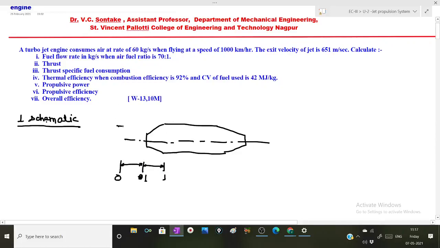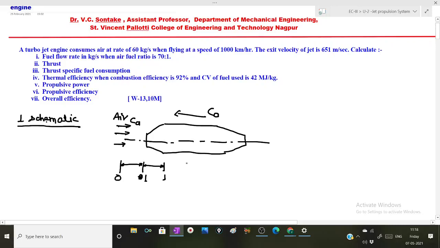Okay, so incoming atmospheric air enters into this jet propulsion system, and this vehicle is moving with some velocity CA. Air into which this vehicle is moving is supposed to be quiescent air. So relative velocity of air will be relative velocity of aircraft CA. Air is also supposed to move with the relative velocity CA, that is aircraft velocity.